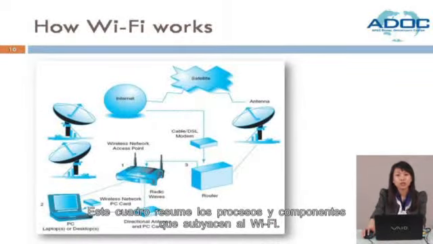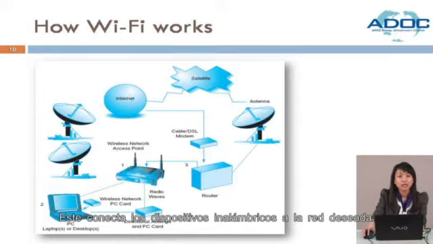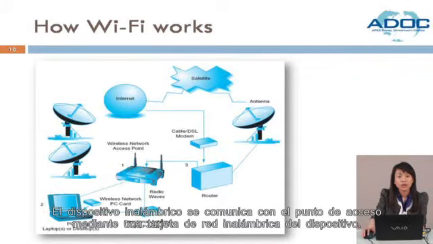This picture outlines the process and the components underlying Wi-Fi. The wireless access point is the heart of wireless LAN. It connects wireless devices to the desired network. The wireless devices communicate with the access points by a wireless network card of the device.